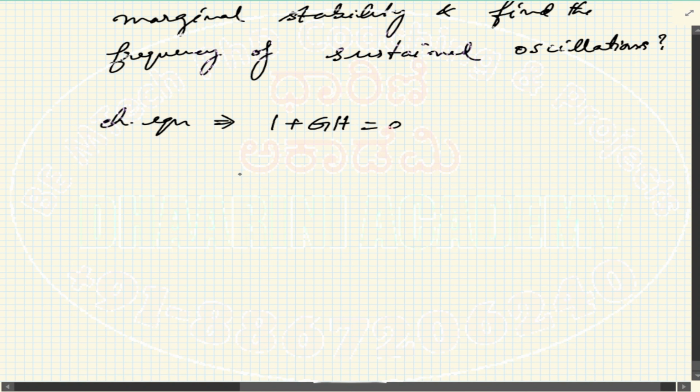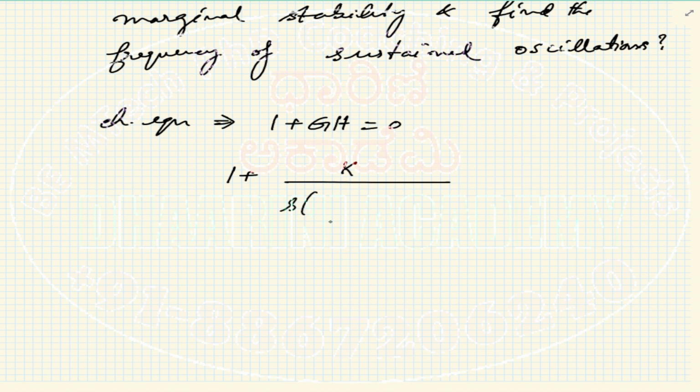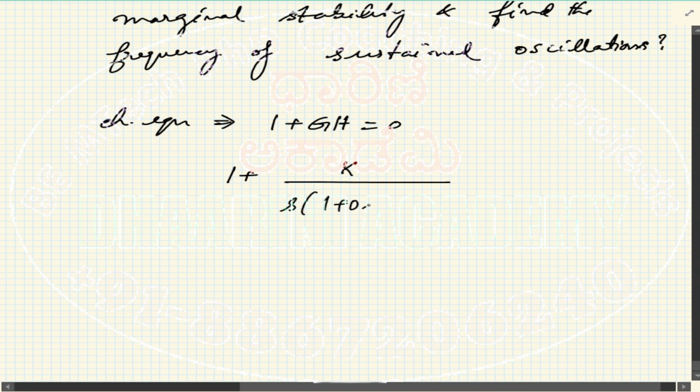Correct. So we'll write 1 plus G, which is given as K over s into (1 plus 0.4s) into (1 plus 0.25s), G into H equal to 0. Now we'll multiply the denominator to the left-hand side.